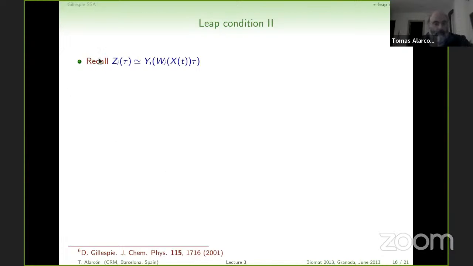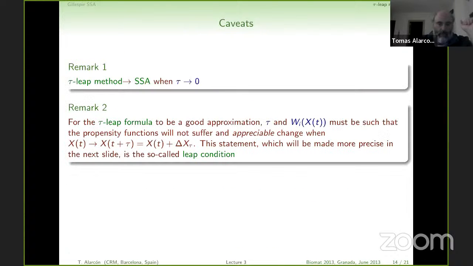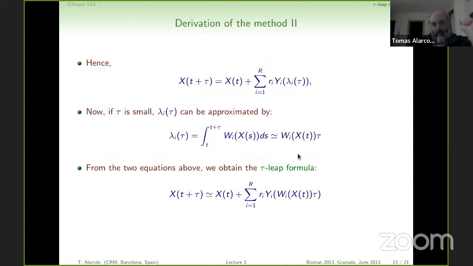Okay, so now, first of all, recall that we are approximating this advancement coordinate by a Poisson variable with parameter lambda equal to W_i multiplied by tau. Now, in order to keep this approximation under control, we need to make sure that the change in the variable is not very big.